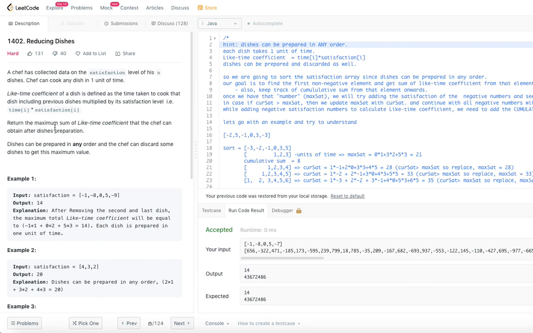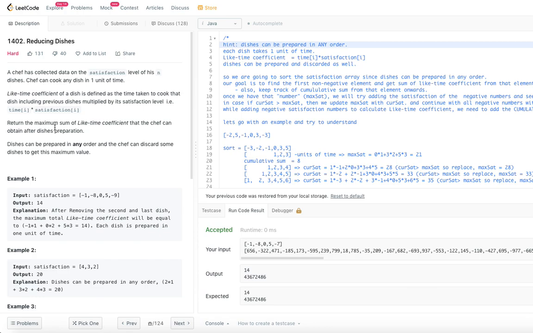Return the maximum sum of like time coefficient that the chef can obtain after dishes preparation. Dishes can be prepared in any order and chef can discard some dishes to get this maximum value, right?